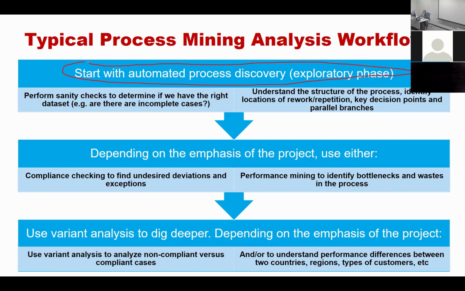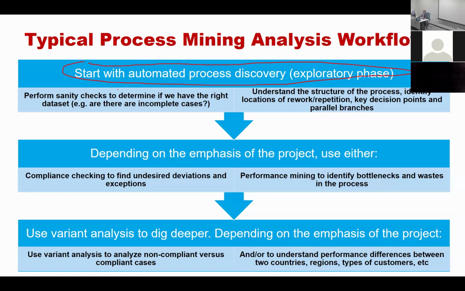So for example, if I get a new event log, I will probably want to start looking into what the tasks in this process are, what the main pathways are, whether there is any rework or repetition in this process, and what the main decision points are. That is the first thing that I will try to do.